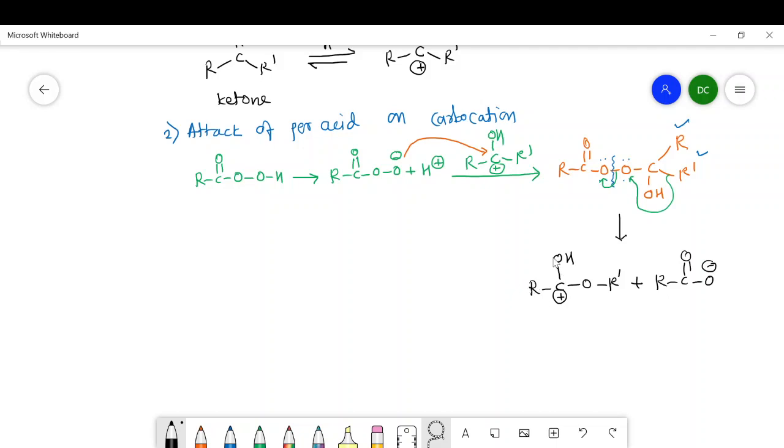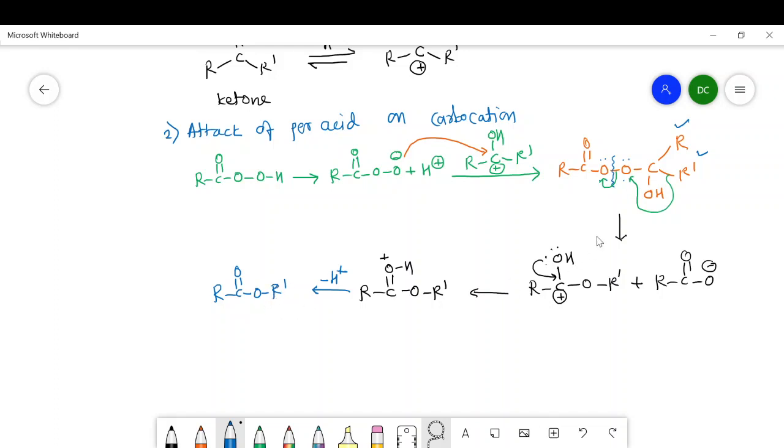Now what happens? The lone pair electrons come back and form this type of species, that is RC double bond OH, then here there is R'. Oxygen possesses a positive charge. There is a deprotonation of this species and it will eliminate hydrogen, and finally we get an ester, RCOOR'.